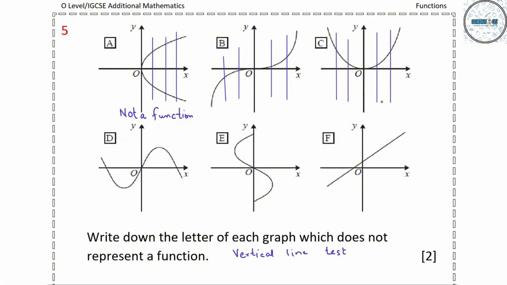It is also a function. Same we can do here. Vertical lines are intersecting the graph at 1 point. So it is also a function.